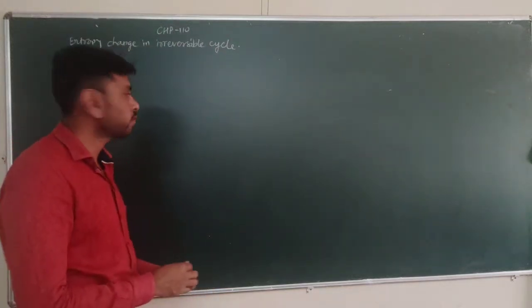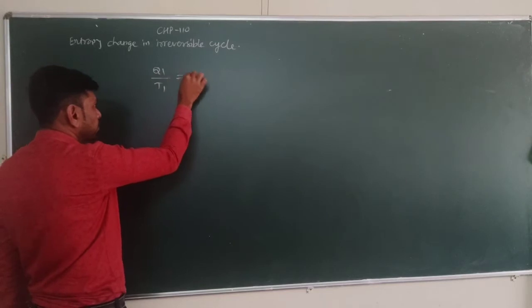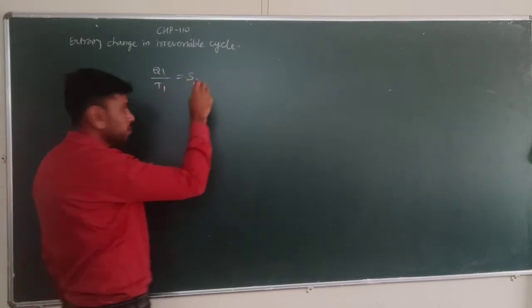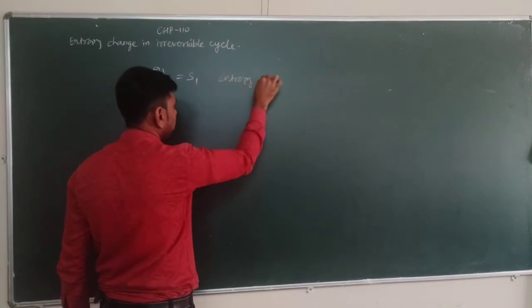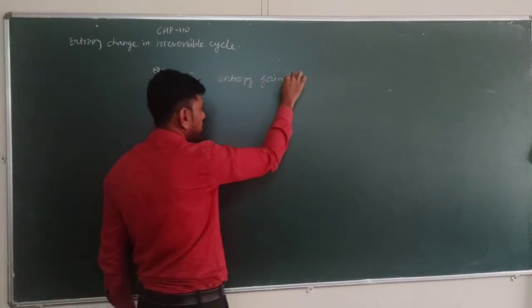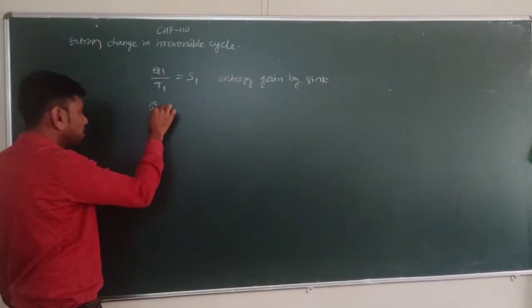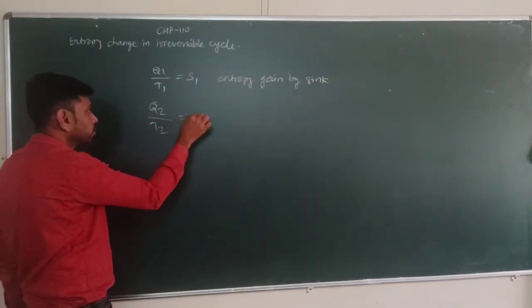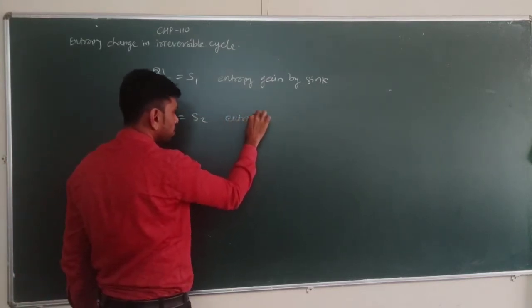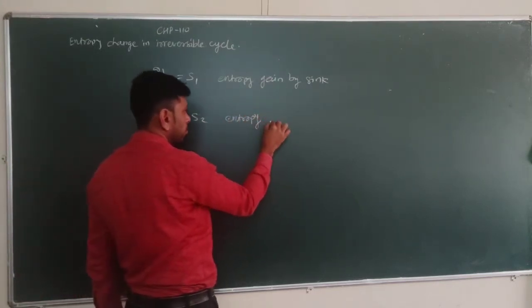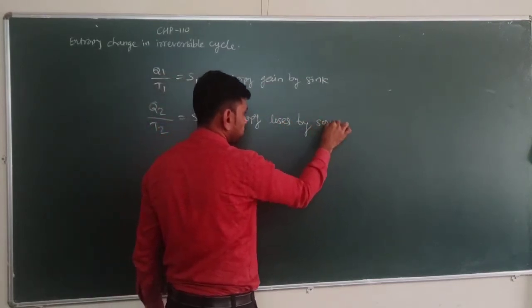From the definition of entropy, Q1 upon T1 is S1, the entropy gained by the sink, and Q2 upon T2 is S2, the entropy lost by the source.